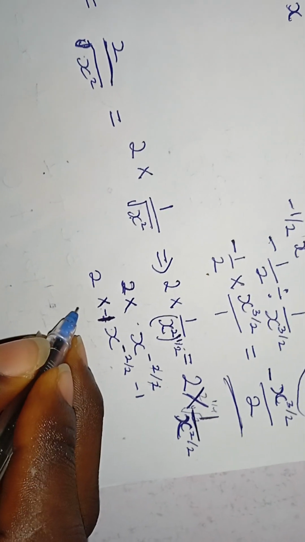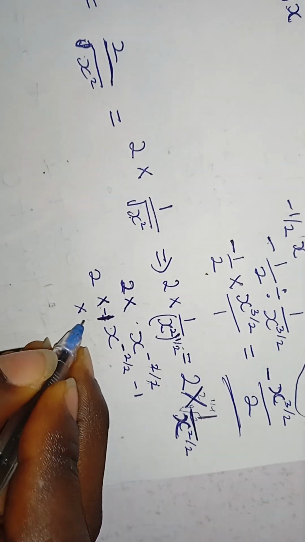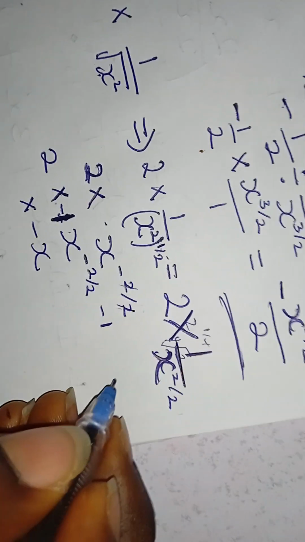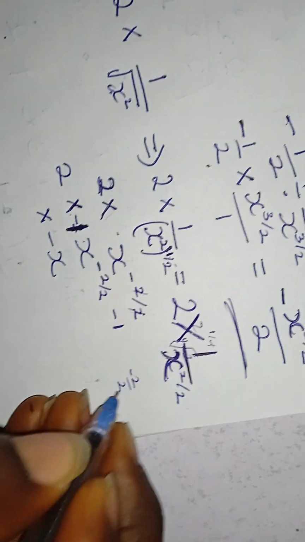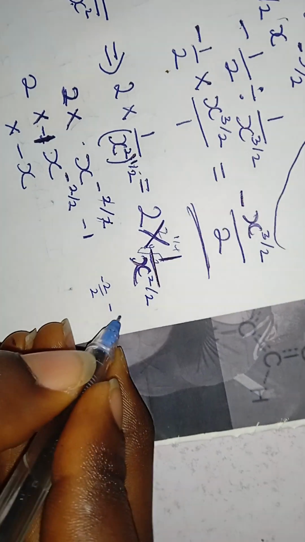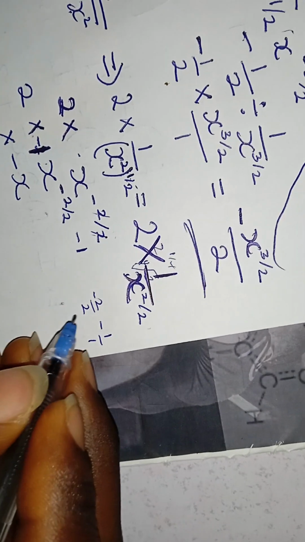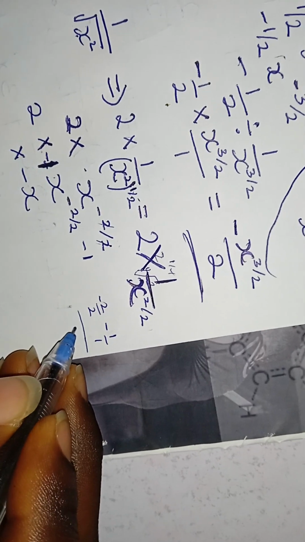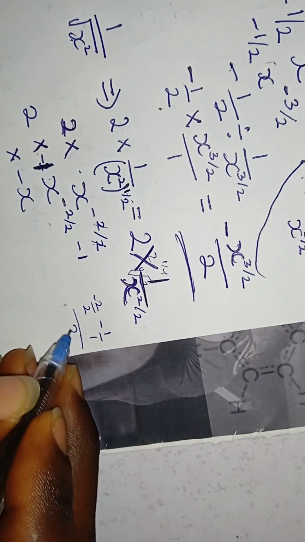If you do this very well, this is the same thing as times minus x. Then let's find the LCM: minus 2 over 2 minus 1 over 1. This should have been 1 over 1, but I just want you not to get confused.